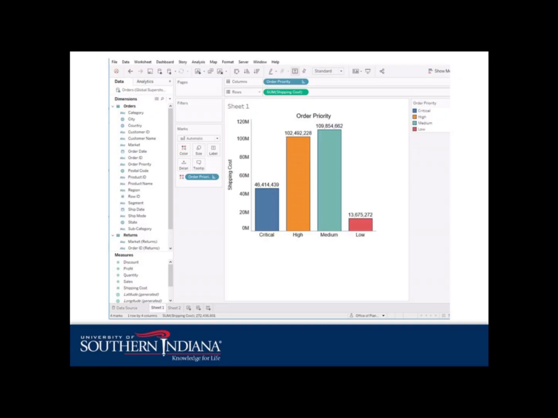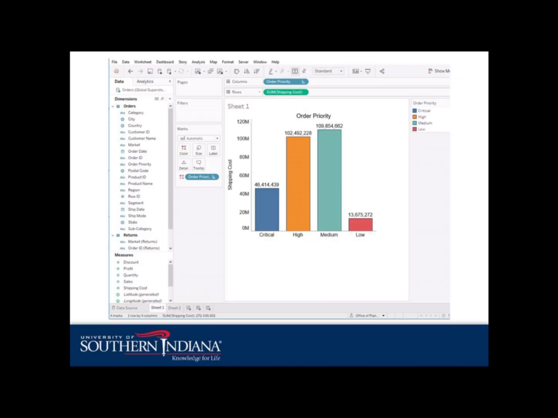Medium does. So if I were to go further into this visualization, that's where I would focus. My medium order priority. Why is the shipping cost so much higher with that level than with critical or high? I'd expect it to be much lower.